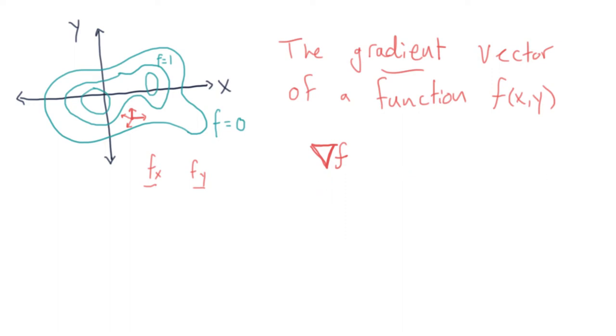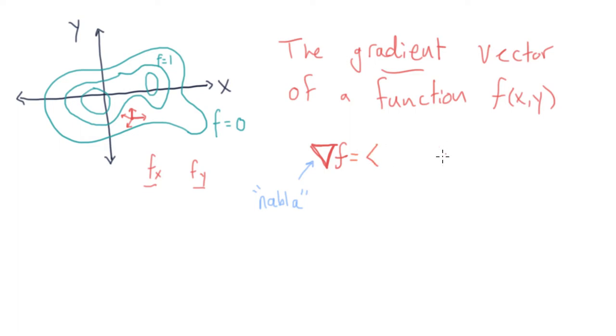And now this, just a side note, this triangle thing is called nabla. Okay, and it's a Greek word that describes sort of an ancient Hebrew harp, and it sort of looks like a harp if you've seen a harp.